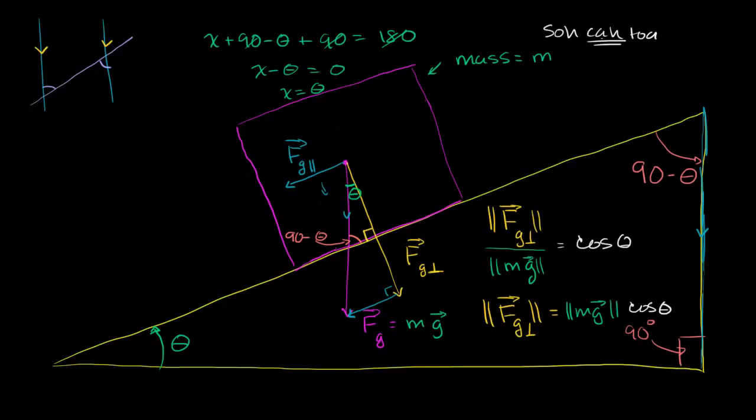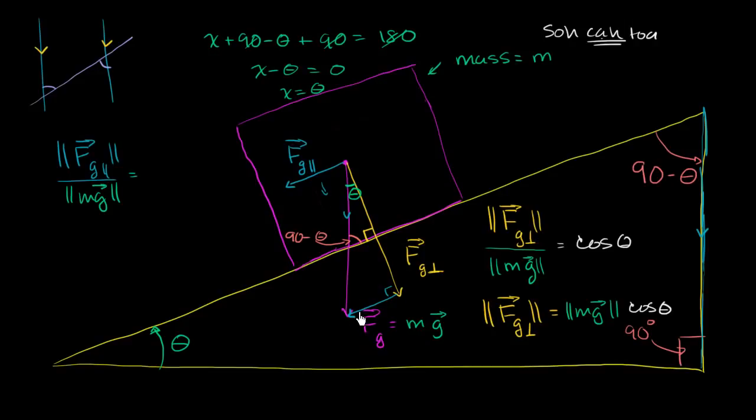And then this second thing, we could use the same logic. If we think about the parallel vector right over here, the magnitude of the component of the force due to gravity that is parallel to the plane, over the magnitude of the force due to gravity, which is the magnitude of mg, that is going to be equal to what?